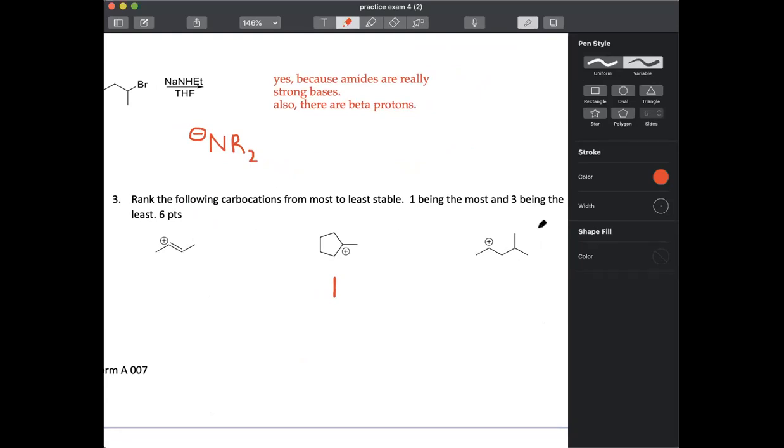Out of these two, both these are secondary. So what do we do here? Right is 2. Okay, right is 2. This is 3. So how did we come to that conclusion? First is sp.